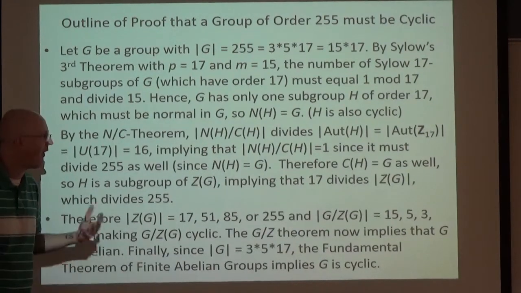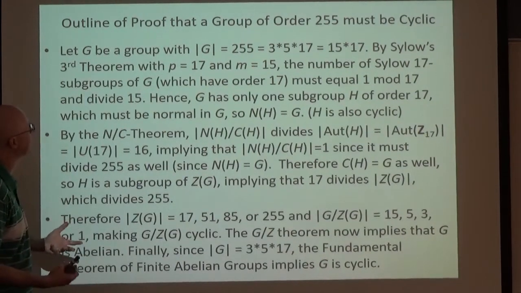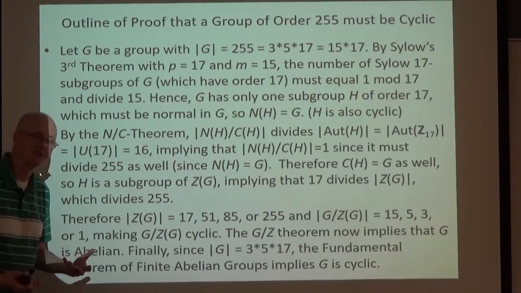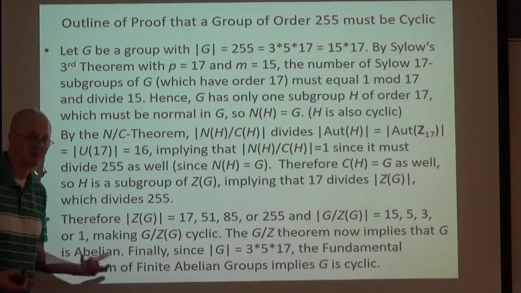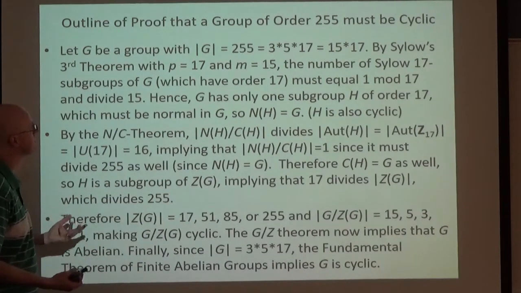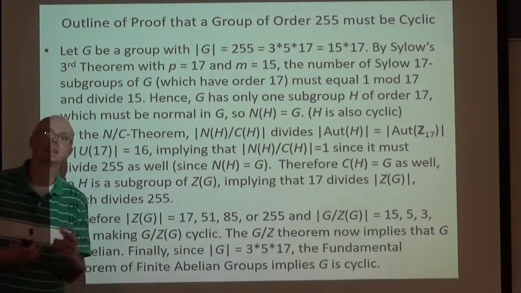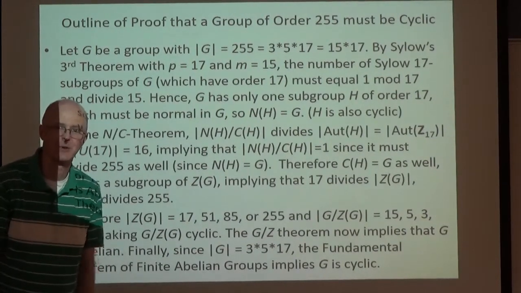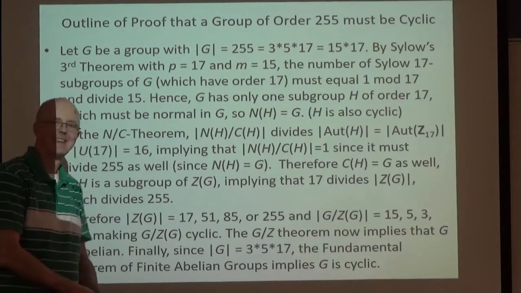It's beautiful. All these different tools coming together to prove that any group of order 255 must be cyclic. Right? That's pretty amazing. How would you ever guess ahead of time that a group of order 255 would be cyclic? And how would you ever guess that just based on the axioms of group theory, the definition of group, that's what I mean, you know?